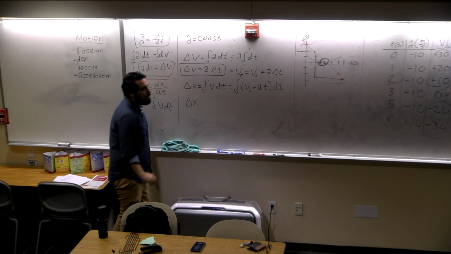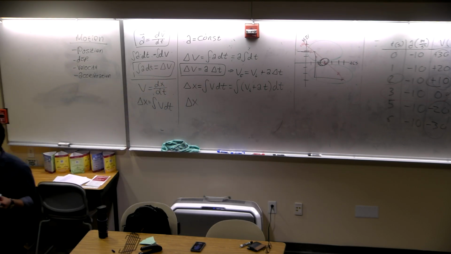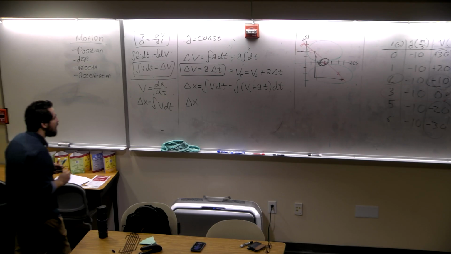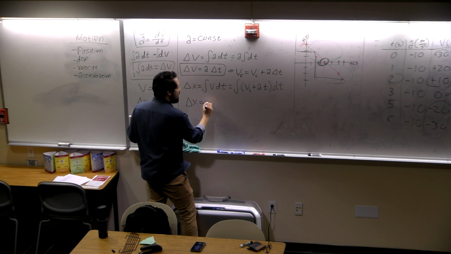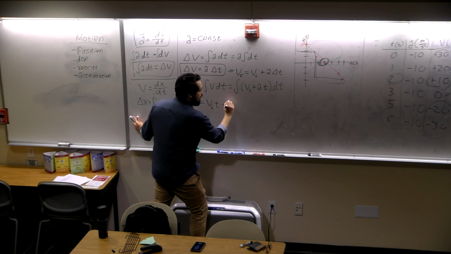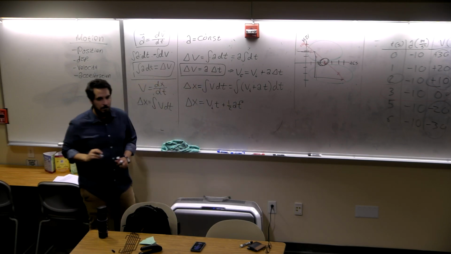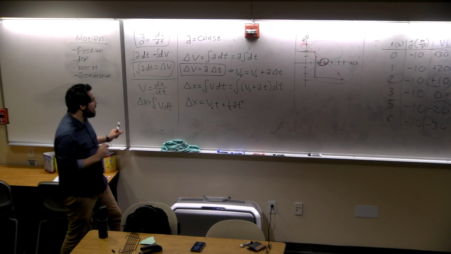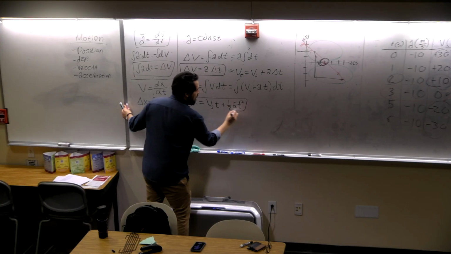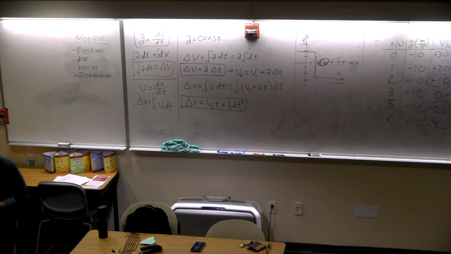For those of you who have taken calculus and feel good about your calculus, you can go ahead and do the work to show this result, but I'm just going to go ahead and give it to you. This integral solves out to be v initial times time plus 1/2 the acceleration times time squared. This gives you a second equation, derived from this idea that your acceleration is constant.